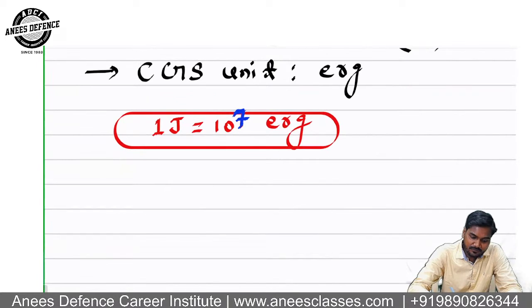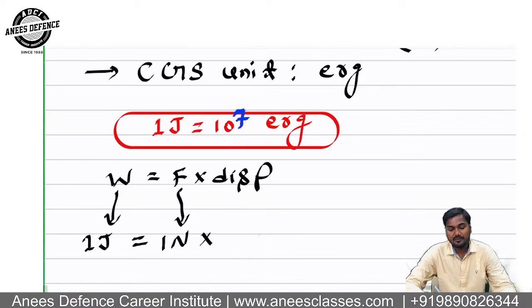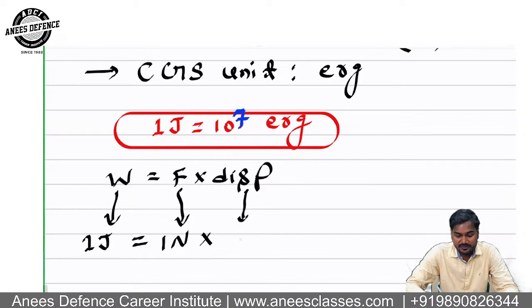इसको easily आप calculate भी कर सकते हैं, calculate करके check भी कर सकते हैं. Work done is equal to force into displacement, right? तो SI unit of work done is joule. So you have to find 1 joule in the CGS system. In the SI system unit of force is Newton, so 1 Newton, and SI unit of displacement is meter, 1 meter.